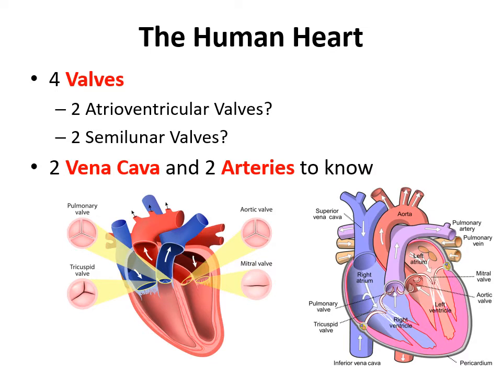So you'll have valves between the right atria and the right ventricle, as well as the left atria and the left ventricle. Those are your atrioventricular valves. So if you look in the pictures, valves located between atria and ventricles, which is right here, this valve here, and right here, those are your AV valves.